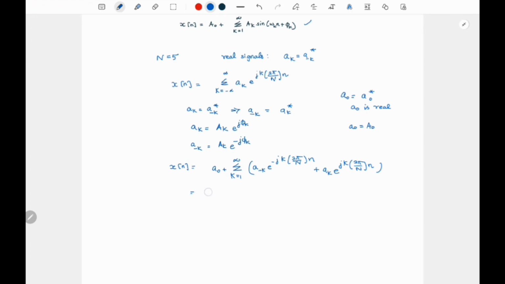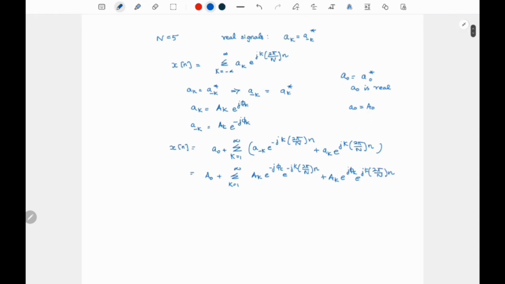So substituting, what will I get? a_0 plus summation k equal to 1 to infinity |a_k| e^{minus j phi_k} e^{minus jk 2 pi by N n} plus |a_k| e^{j phi_k} e^{jk 2 pi by N n}.